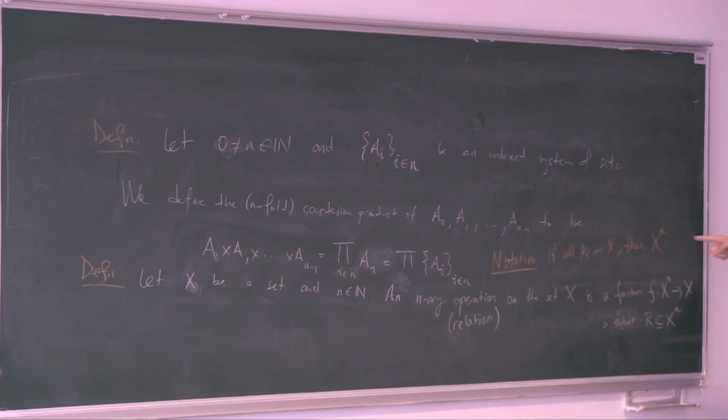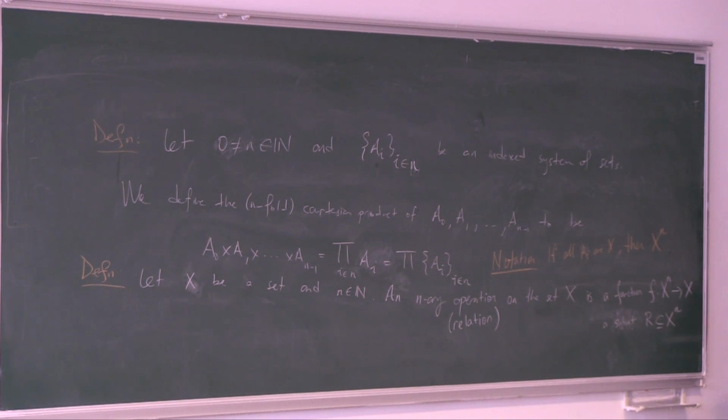If you have n many X's and take their n-fold Cartesian product, this is the notation that you should use. Anyway, an n-ary operation on a set is simply a function from the n-fold Cartesian product to the set. An n-ary relation is a subset of the n-ary Cartesian product.